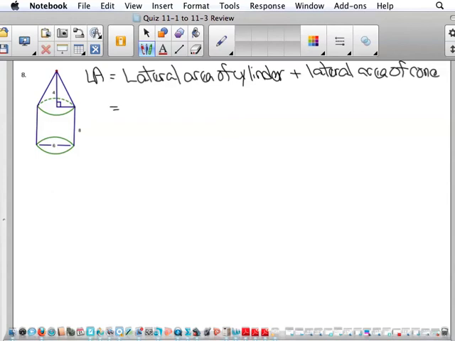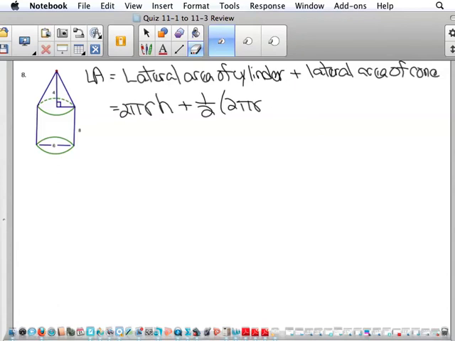Okay, so the lateral area, remember, is going to be the circumference times the height, so 2 pi r h. Then the lateral area of the cone is going to be 1/2 2 pi r h, not h, sorry, that's L. Remember, this one's the slant height.